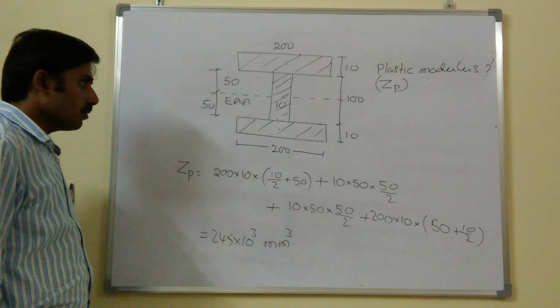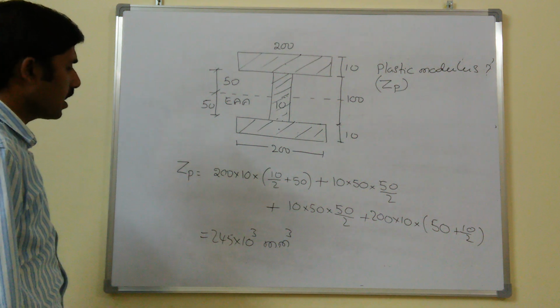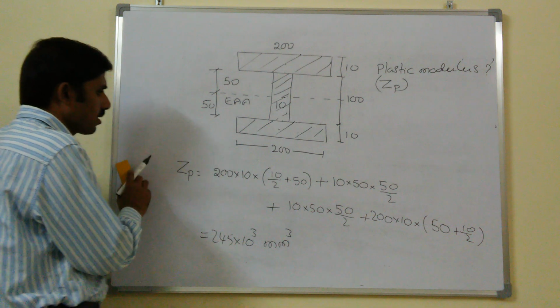Now we will see an unsymmetrical I section about the horizontal axis.